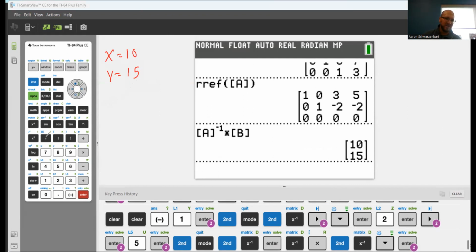Let's do one with a 3 by 3. You could find the inverse by hand. We talked about that in 7.2, but let's not. For a 3 by 3, it's possible to do it by hand. I have not taught you that, and I probably never will. It's kind of a big pain in the butt.